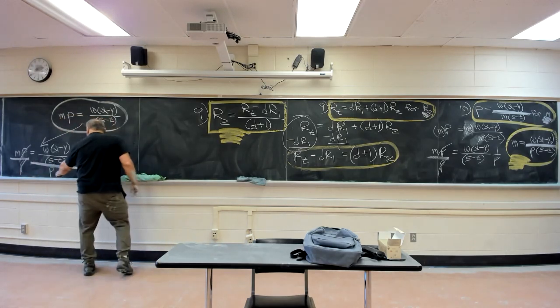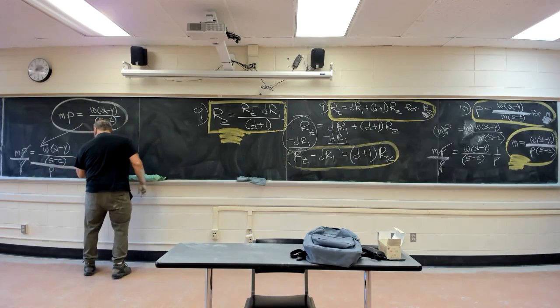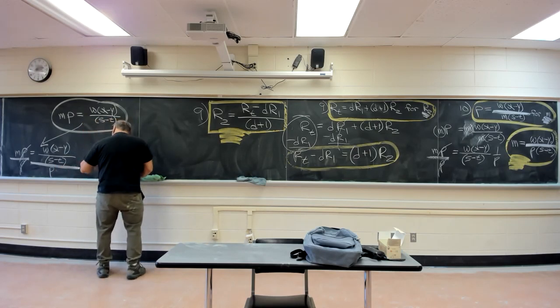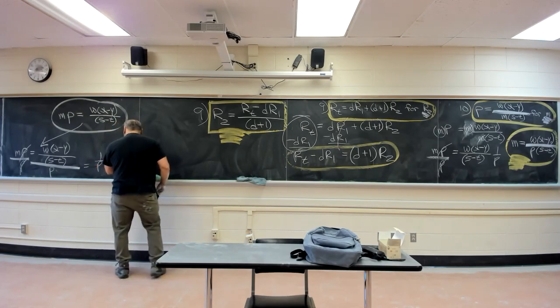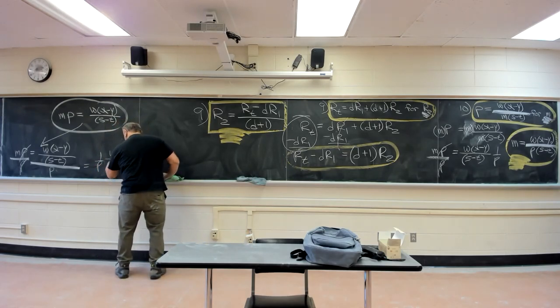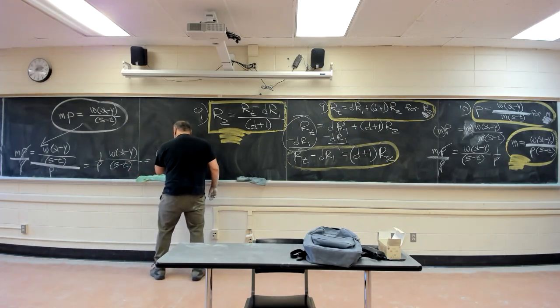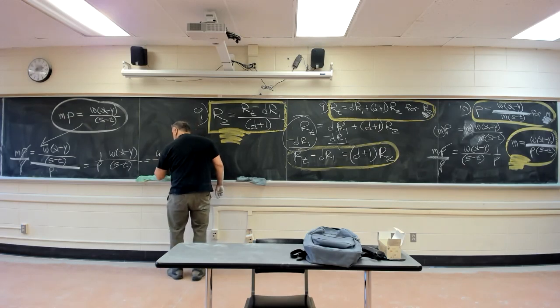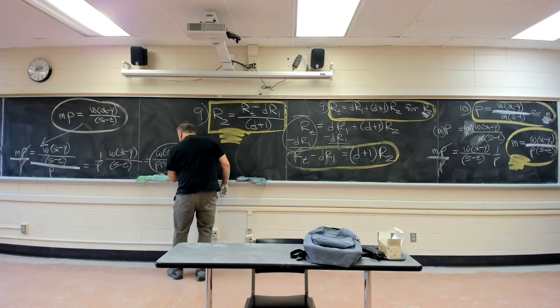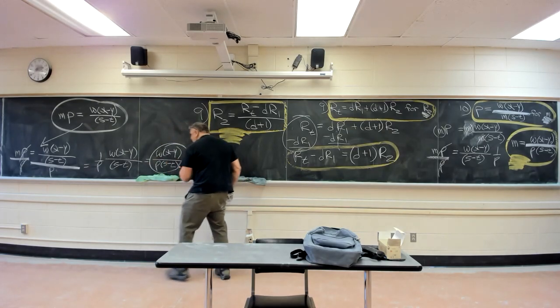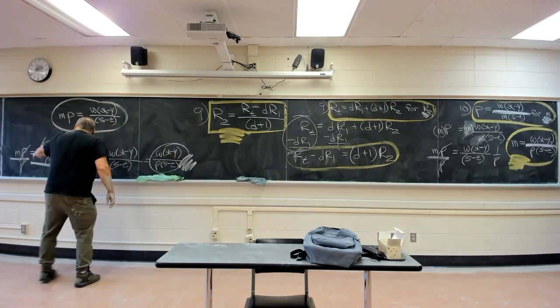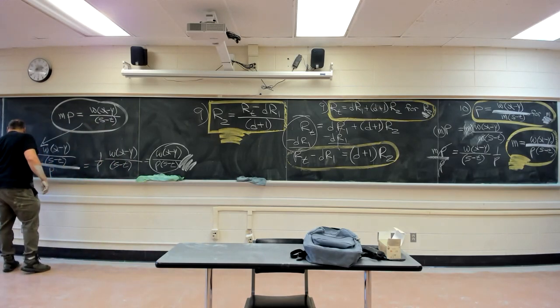Well, dividing by P is the same as multiplying by the reciprocal of P. And that brings you to, well, when you do this right here, that's what P equals.